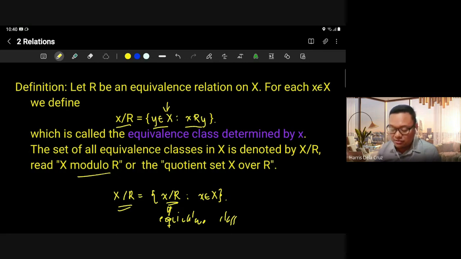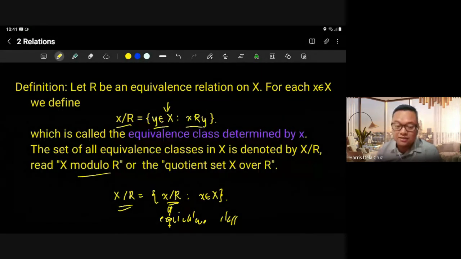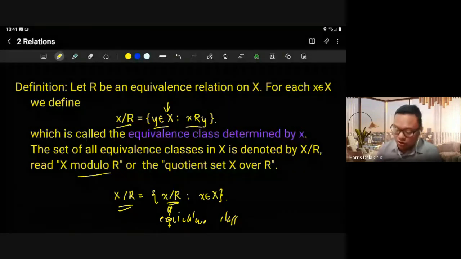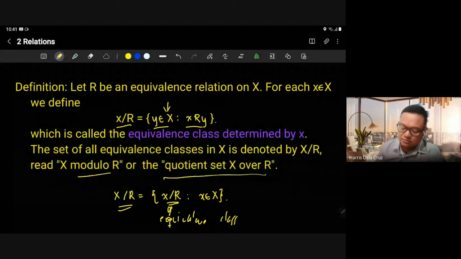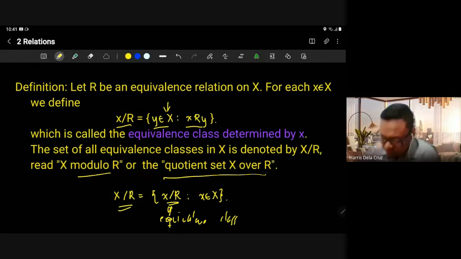So, meaning, kung iba yung x, pwedeng iba yung equivalence class. On the other hand, capital X over R or X modulo R is the set containing all equivalence classes in R. Or, in short, we call it the quotient set of X over R.